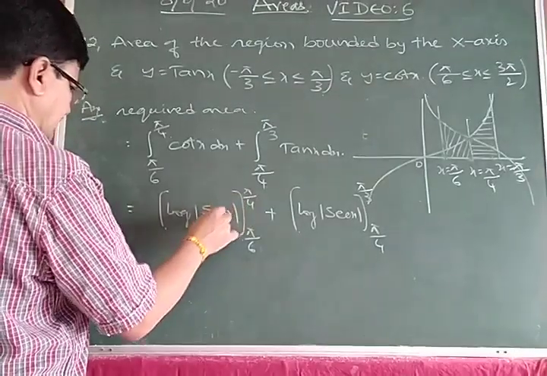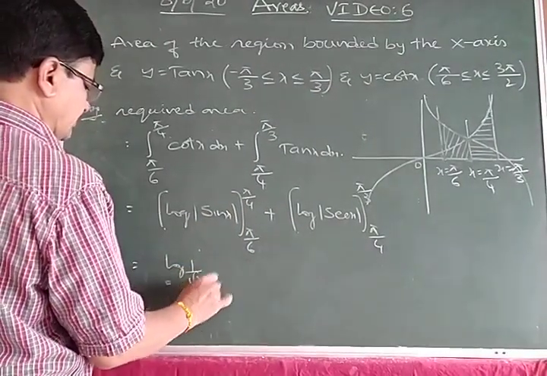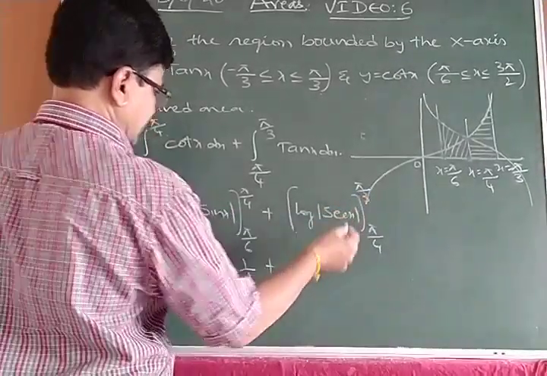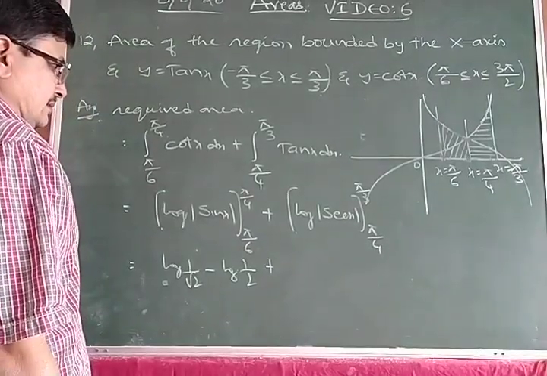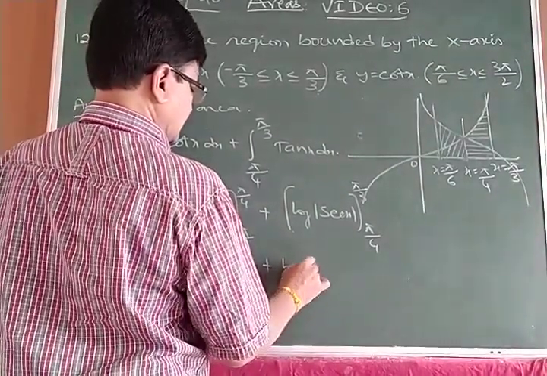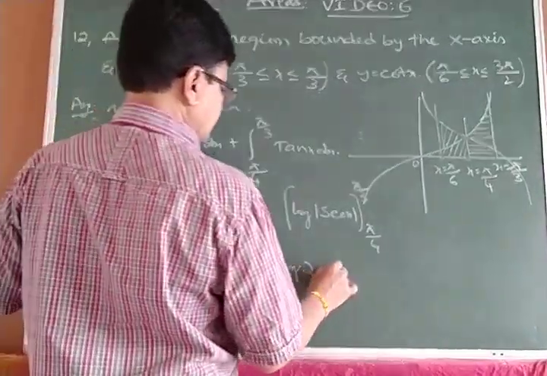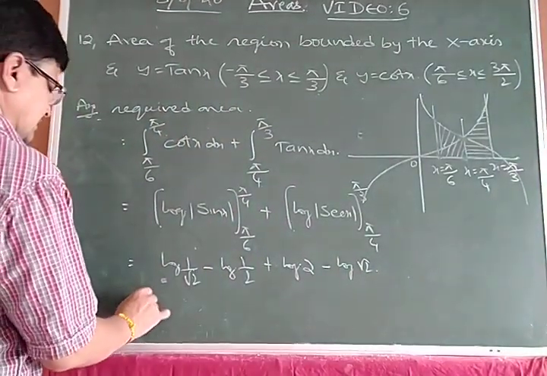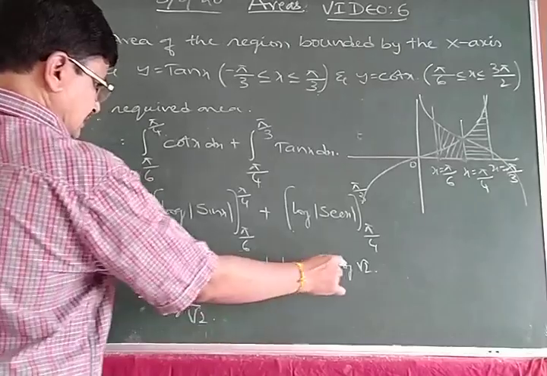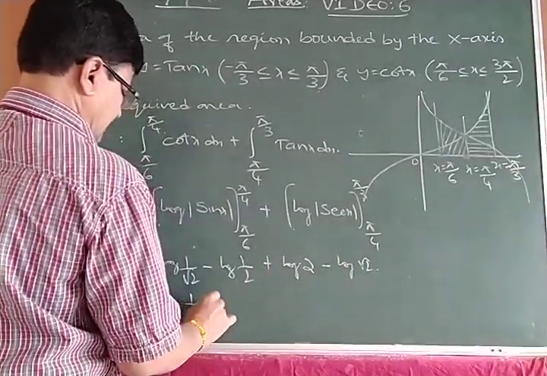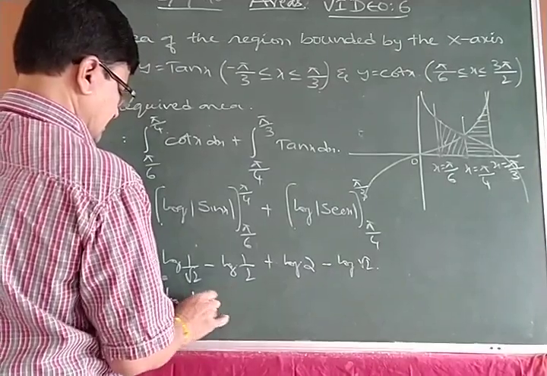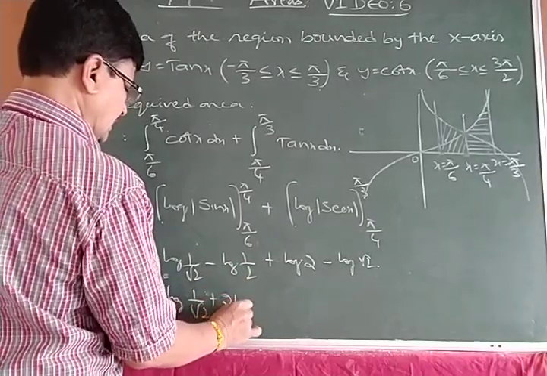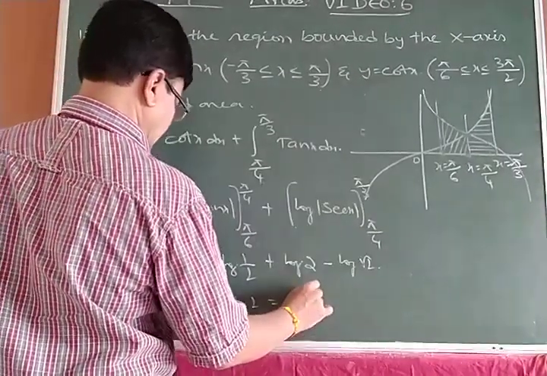Now applying the limits: log of 1 by root 2 minus log of sin 30, which is 1 by 2, plus log of sec 60, sec 60 means 2, minus log of sec 45, which is root 2. So it is log of 1 by root 2 minus log 1 by 2, that is plus log 2, plus log 2 minus log root 2, so 2 log 2 is common.